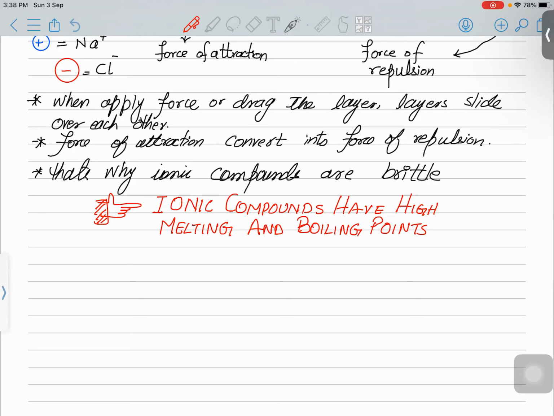Do you have any idea why ionic compounds have high melting and boiling points? Strong intermolecular forces. Yes, because they have electrostatic force of attraction. So, correct answer.